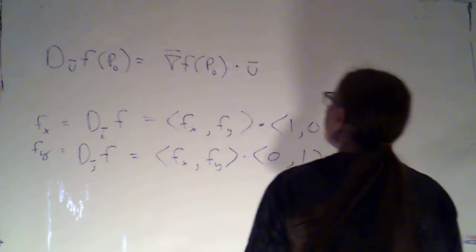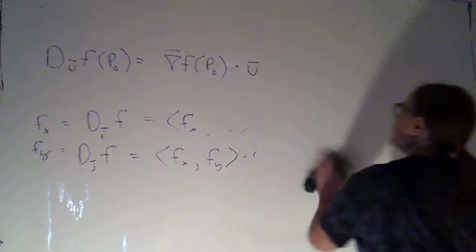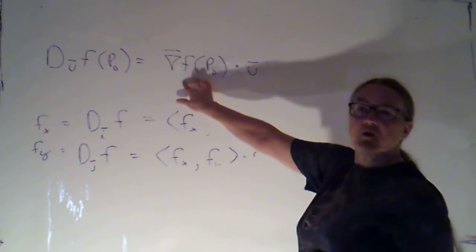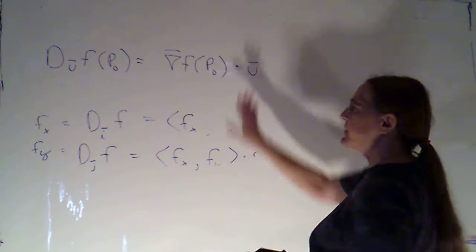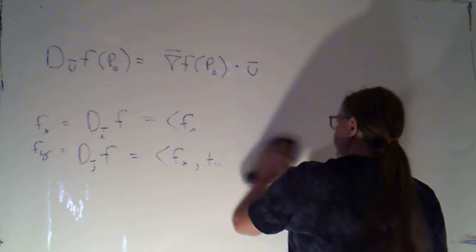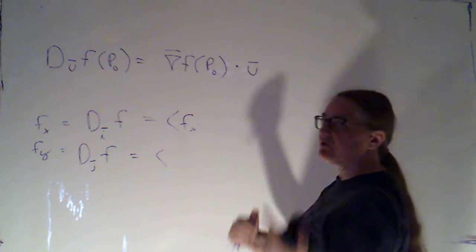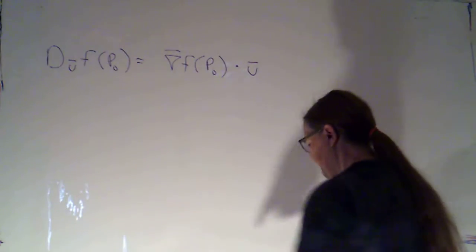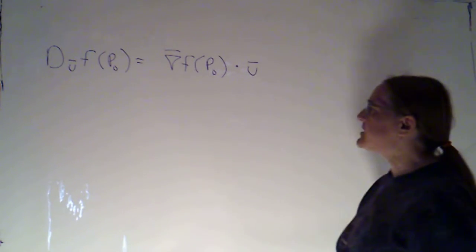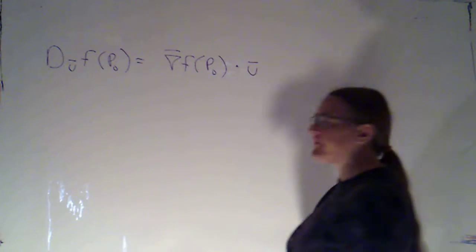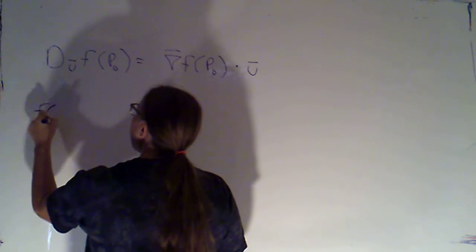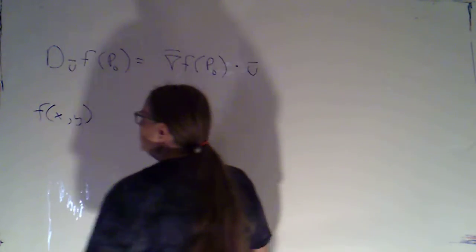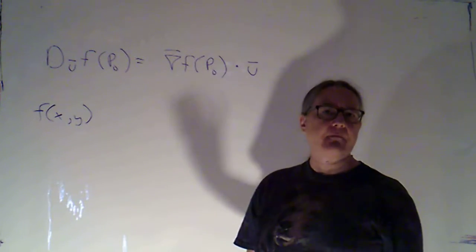All right. I can also use the fact that I'm using the gradient to build the directional derivative, to use the directional derivative to tell me a little bit about the gradient. Let's suppose I have a function f of x, y, and I'm going to think of its output as being the temperature.